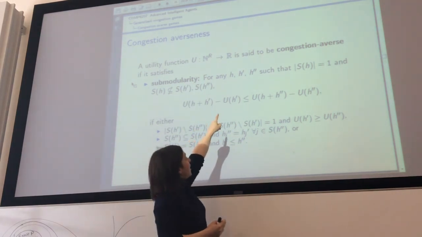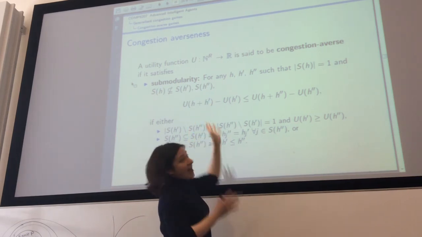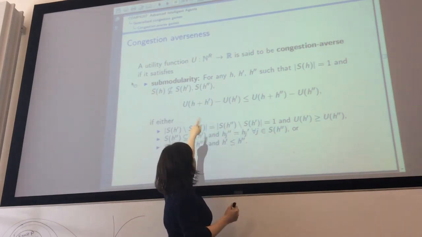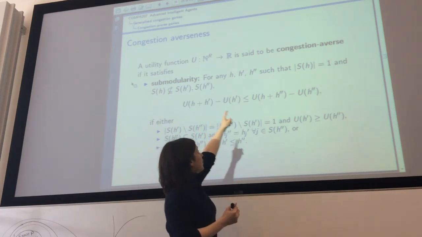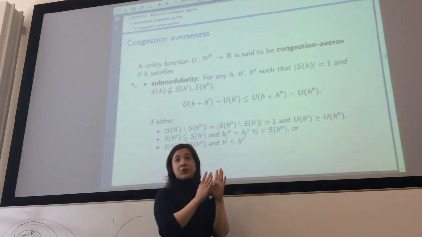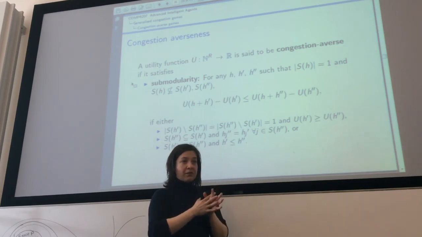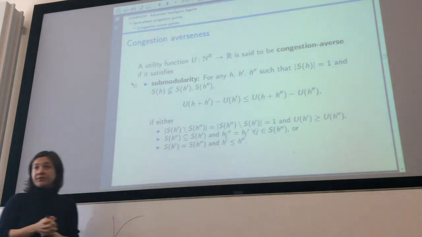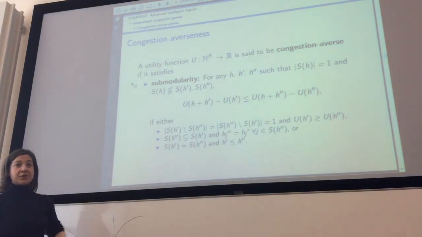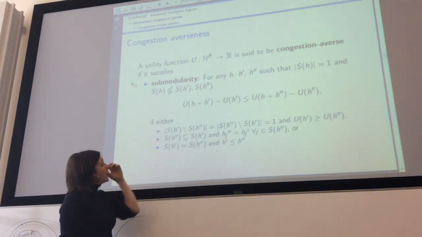Okay? And adding a resource is just to add in a congestion vector whose support is of size 1, which means there's exactly one resource where we have positive congestion. So that resource we would add to either H prime or double prime.